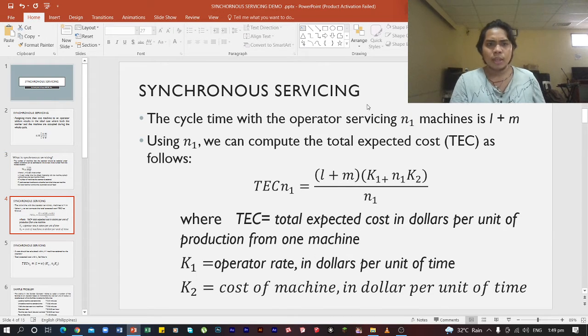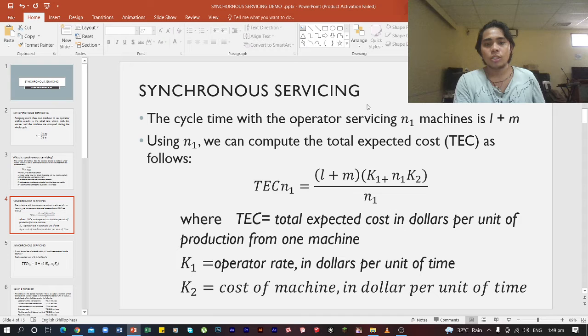So, synchronous is the cycle time with the operator servicing N sub 1 machines, which is L plus M. Using N sub 1, we can compute the total expected cost, or TEC, as follows.